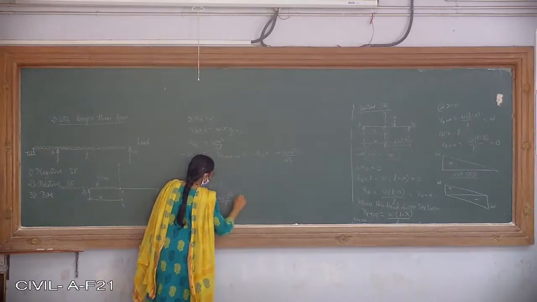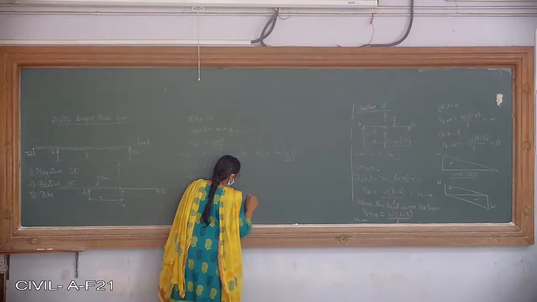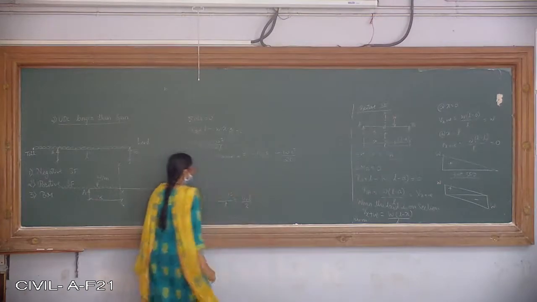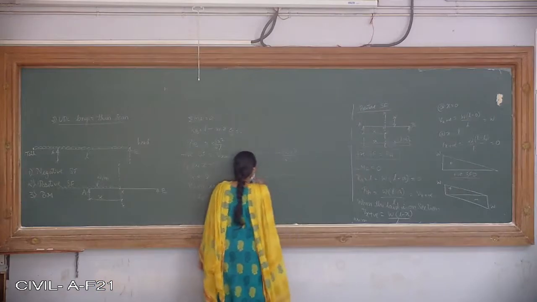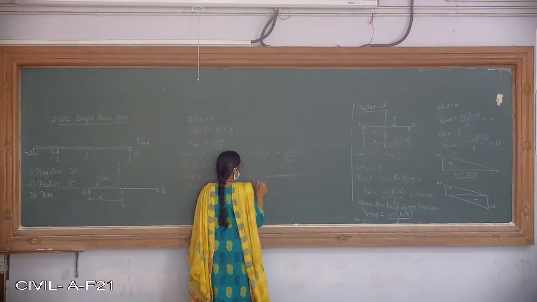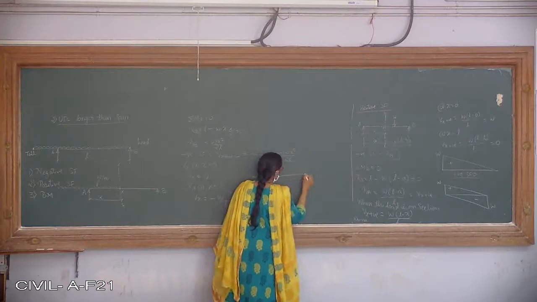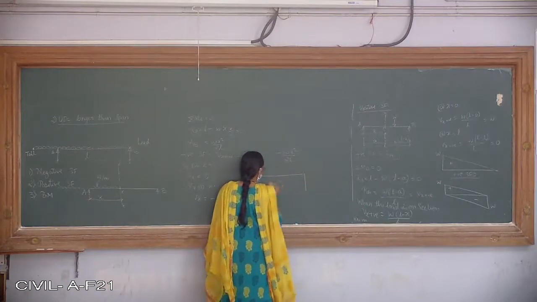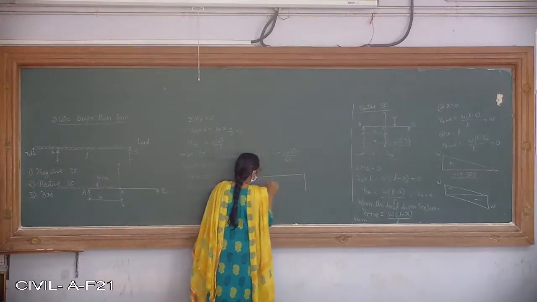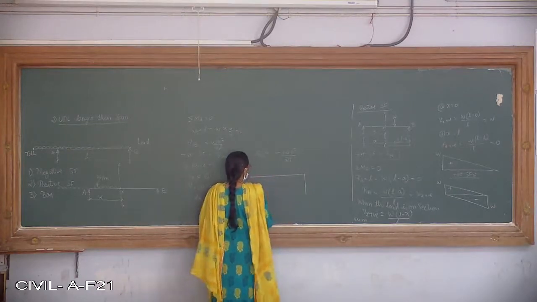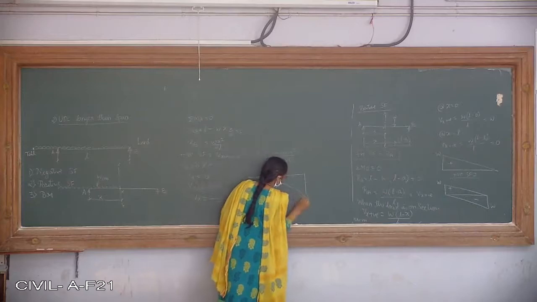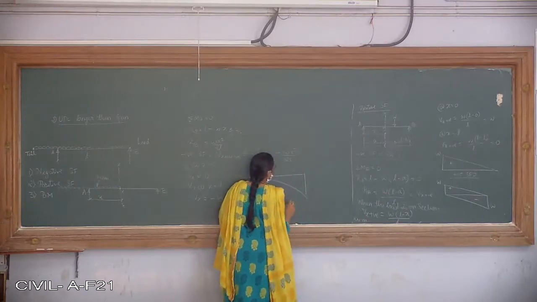So one L gets cancelled, I get here WL by 2. So here it is going to be a parabolic shape with 0 at the support A and maximum value of the shear force as WL by 2 with a parabolic varying shape. The shape varies as a parabola like this.